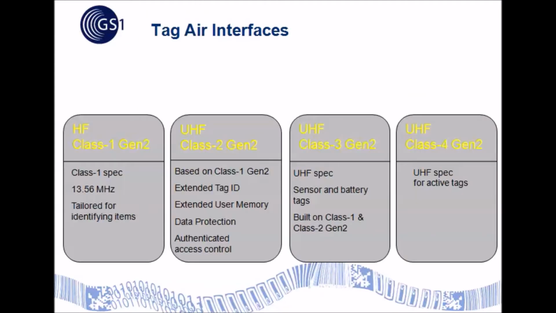EPC Global continues to develop additional tag air interfaces to satisfy additional needs. It includes the HF Class 1 Gen 2, UHF Class 2 Gen 2, UHF Class 3 Gen 2, and UHF Class 4 Gen 2 RFID tag.